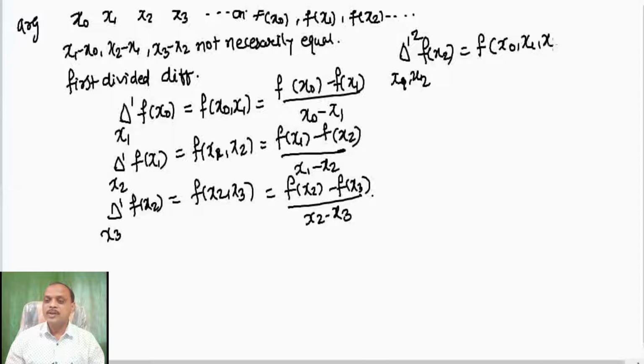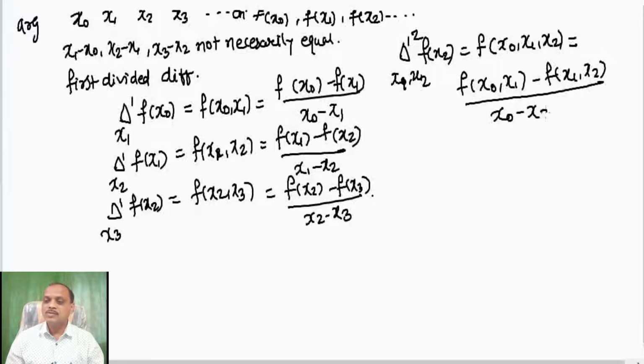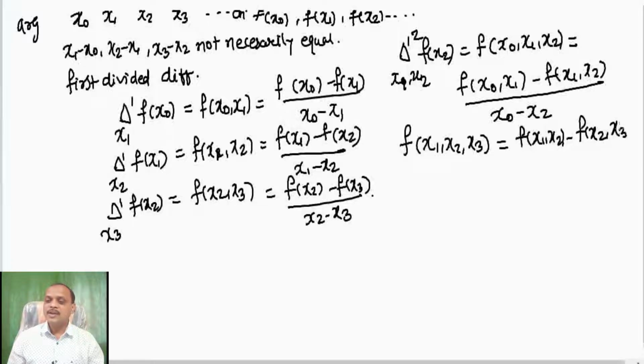Simply we denote it by f of x0 comma x1 comma x2, and we calculate it as f of x0 comma x1 minus f of x1 comma x2 divided by x0 minus x2. The second divided difference between the points x1, x2 and x3 is f of x1 comma x2 minus f of x2 comma x3 divided by x1 minus x3.